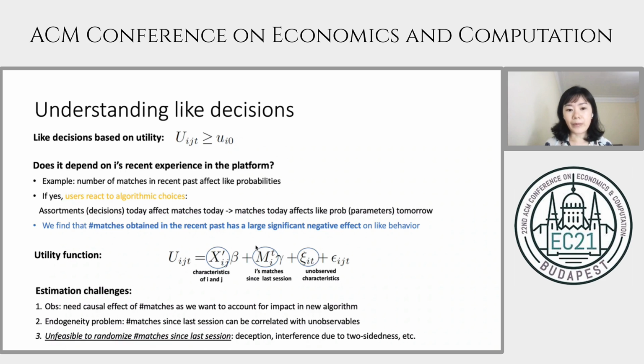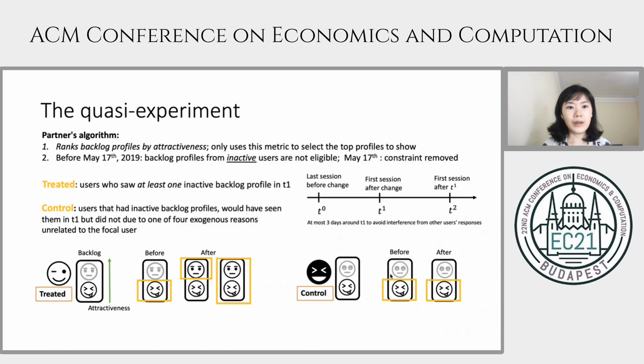And it's not feasible to run a randomized experiment because of deception and also interference due to the two-sidedness of our problem. So we're going to estimate gamma through a quasi-experiment.